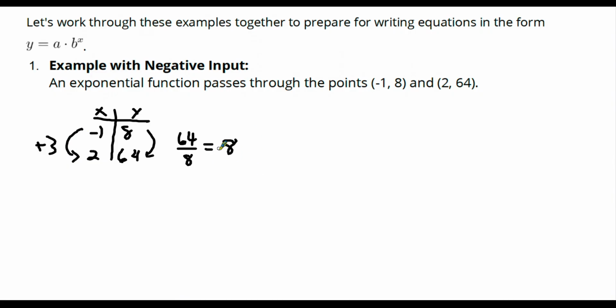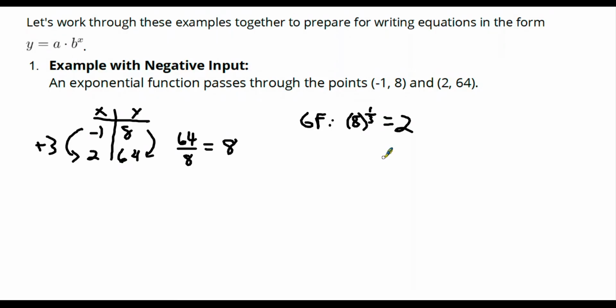So that means I need to take this value, this growth factor, I'll just say GF for growth factor, raise it to the 1 over that jump in my x value, so 1 over 3 power. Now in this case, 8 to the 1/3 power, that works out really nicely.